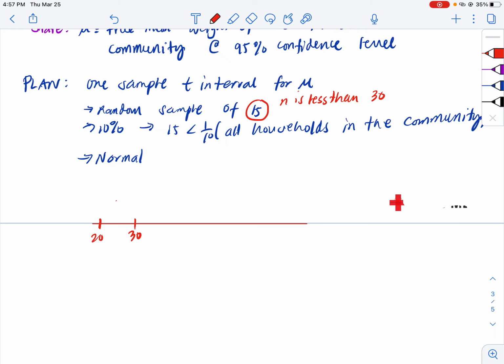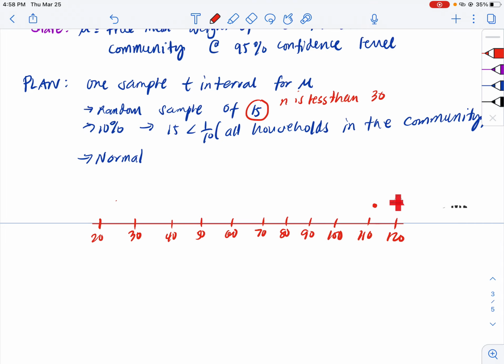So it's 20, 30, 40, 50, 60, 70, 80, 100, 110, and then 120. Then we make a dot plot, like what we did a long time ago. 114.8, so somewhere in this area.